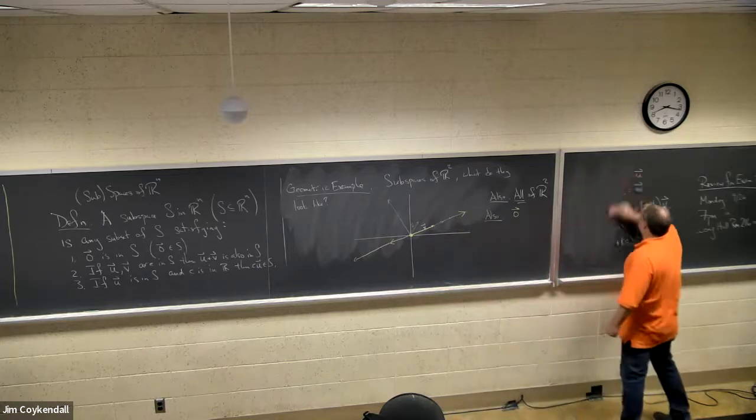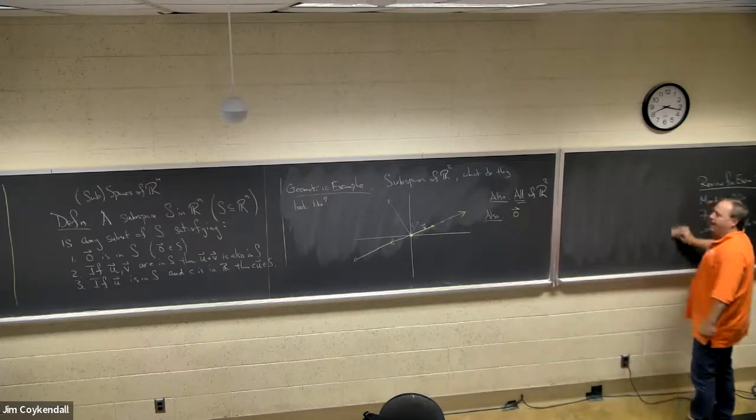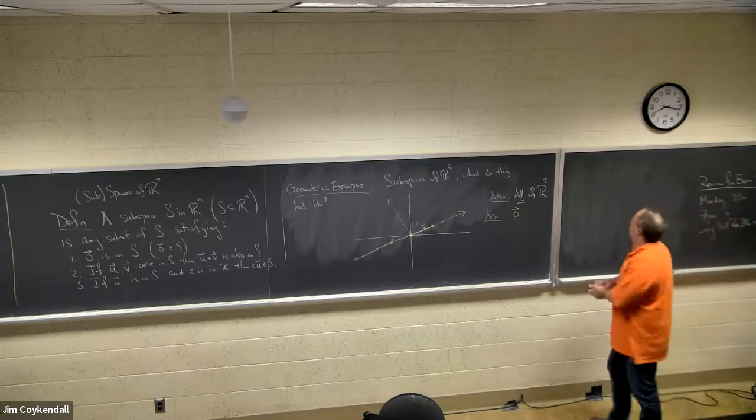Given any space, given any Rn, you will automatically have two silly subspaces.